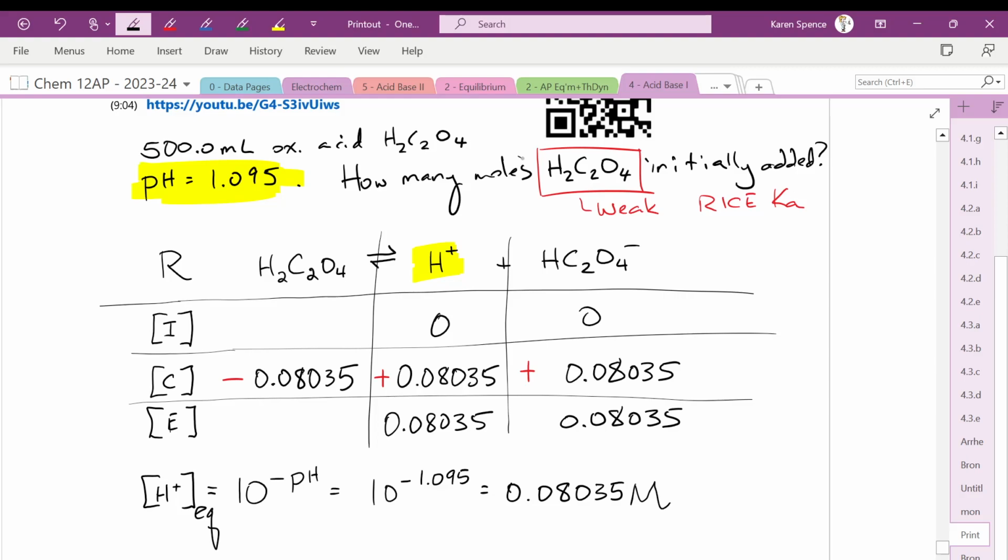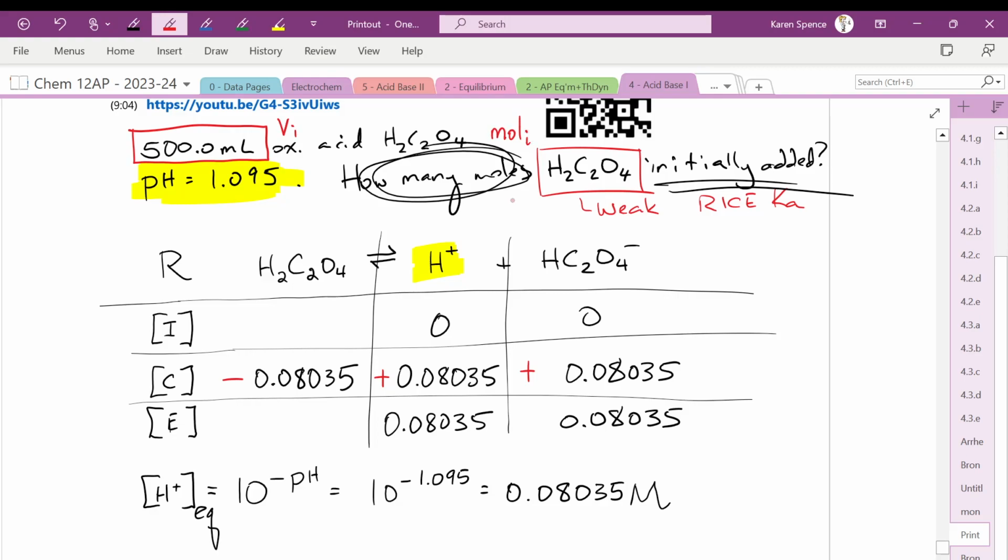And it says how many moles were initially added. So what we really want to find is the initial moles. If we want to know the initial moles, we need to know the initial concentration, yes? We know the initial volume. We want to know the initial moles. That's what we don't know.